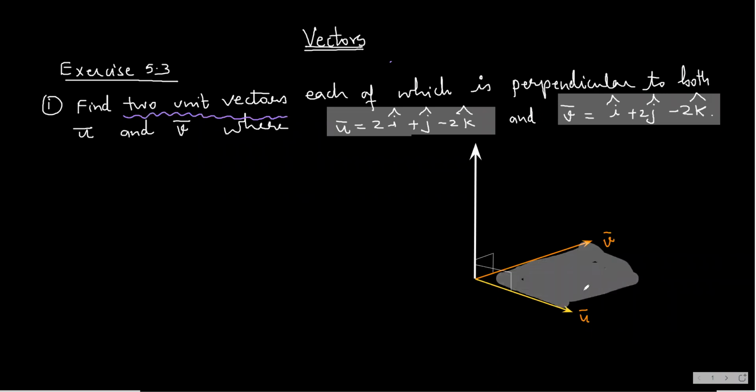And this direction which I just showed with the white arrow is perpendicular to both u bar and v bar. So the unit vector has to be in this direction.